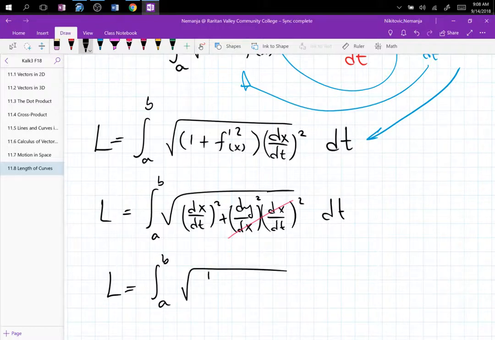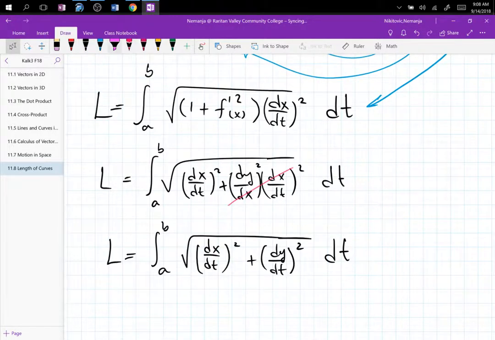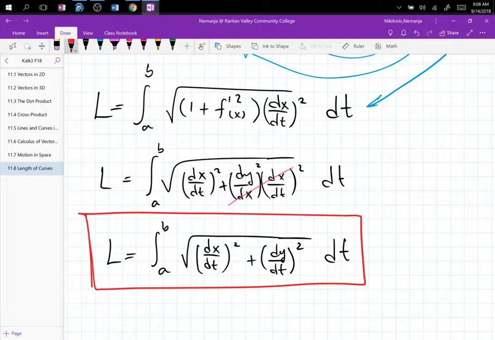It is simply the square root of dx dt squared plus dy dt squared dt. So this is your formula that you will use on the exam to calculate the length of the curve.